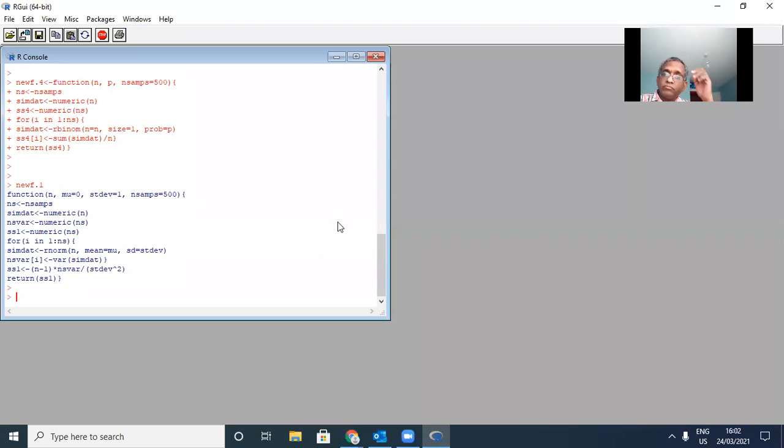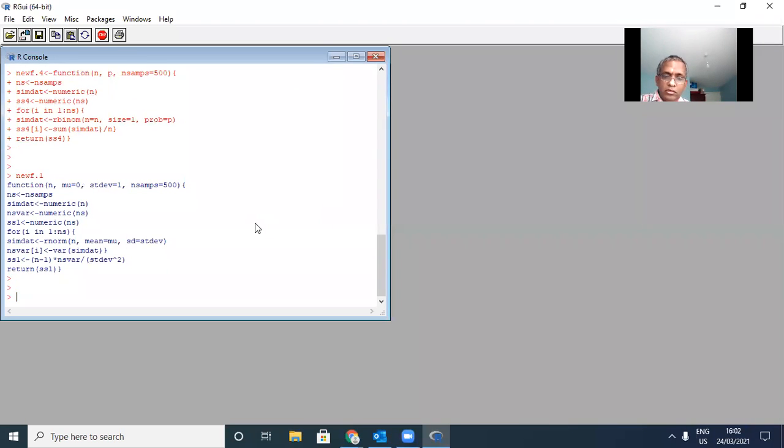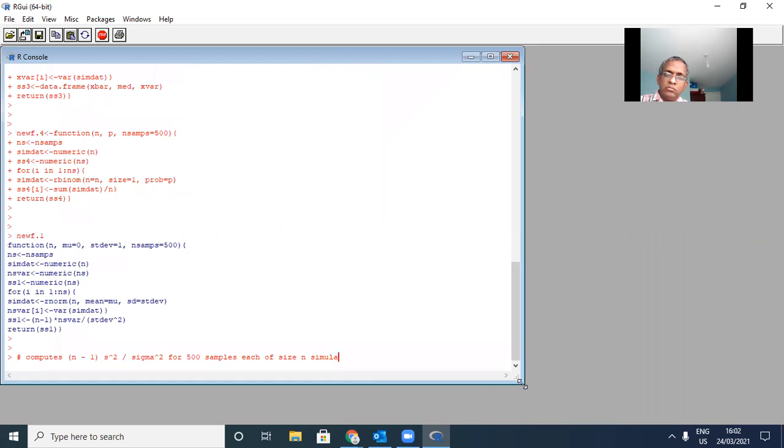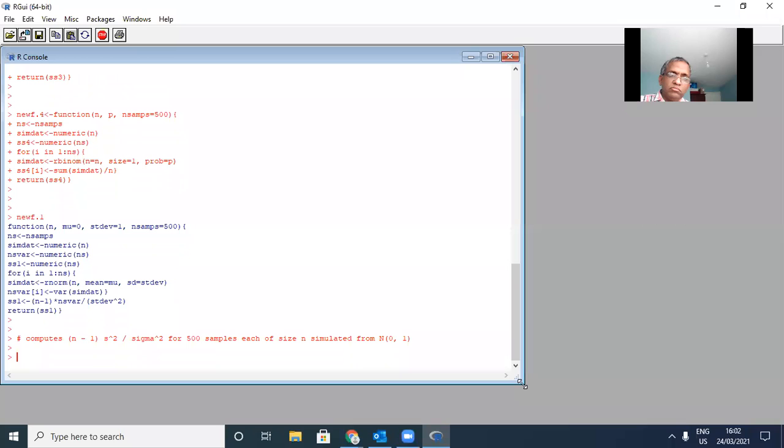That is, it computes n-1 times s squared divided by sigma squared, right, for 500 samples, each of size n, simulated from a standard normal distribution, right?